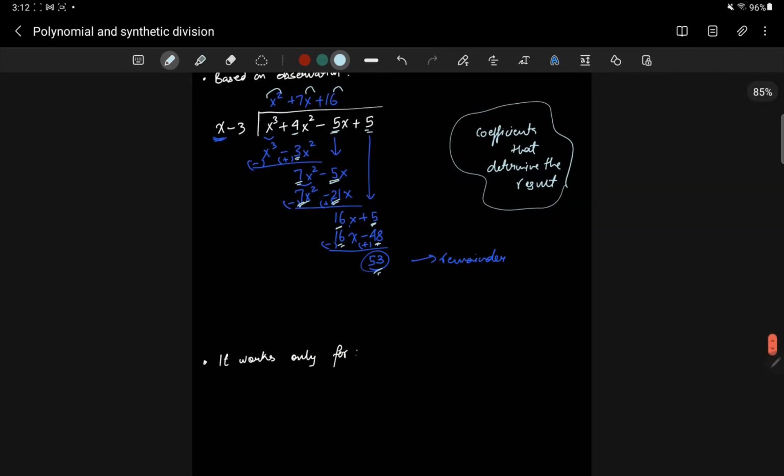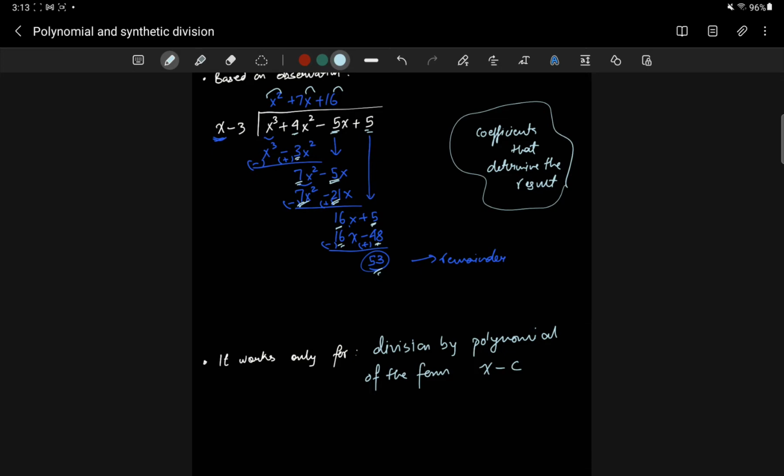But the catch is that it only works for division by a polynomial of the form x minus c. So you cannot use it if you are dividing by a degree 2 polynomial, like an x squared plus 3 or something like that.